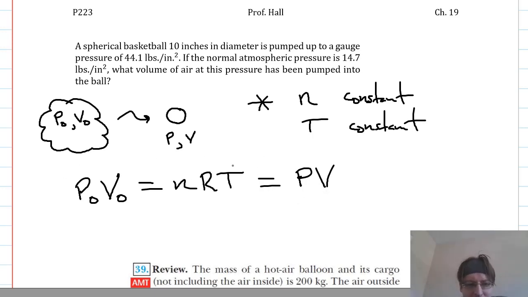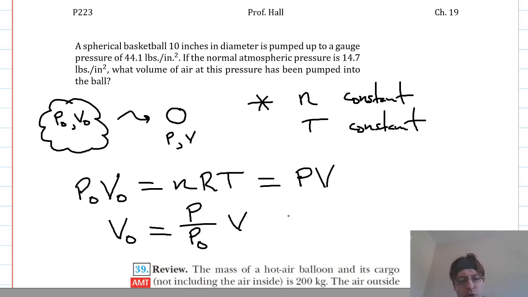So you see, by recognizing what things stay constant, I can now relate the initial volume, which is what I want to solve for, V naught, to the other pressure and volume. In other words, V naught is just the final pressure over the initial pressure multiplied by the final volume. And I know all those things. I know that the pressure goes way up at the end, and I know the initial. I know the final volume of the basketball. Okay, so now it's plugging in.